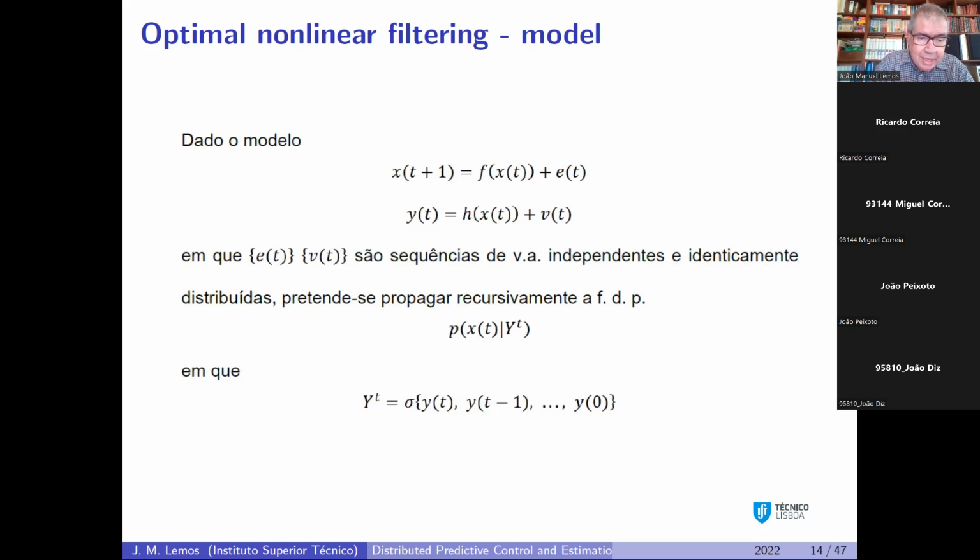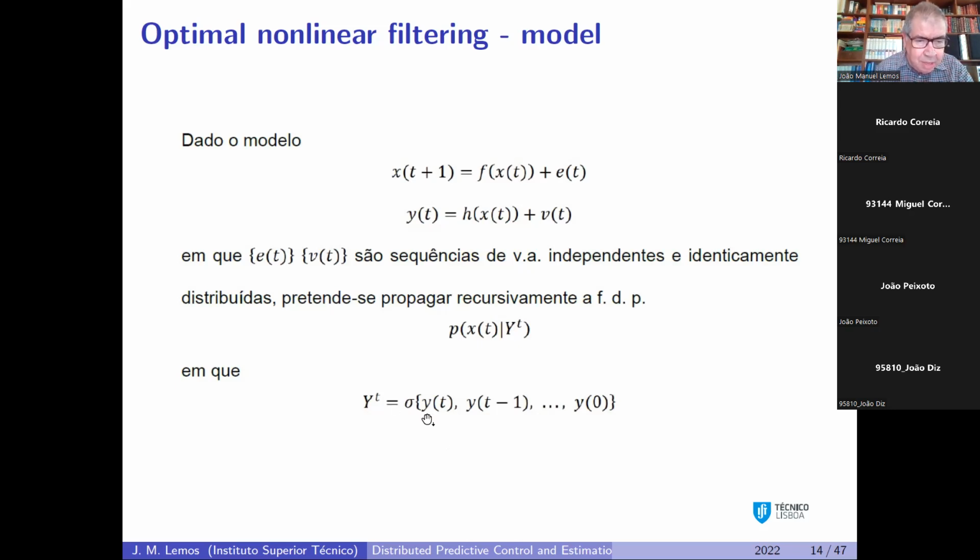I want to propagate in time, where t here is a discrete number, the probability density function of the state xt given the observations. The capital Y with the t on the top means, from the mathematical point of view, the sigma algebra generated by all the observations up to time t.